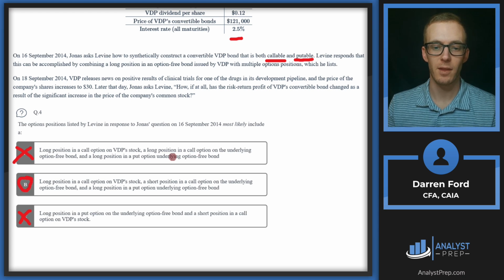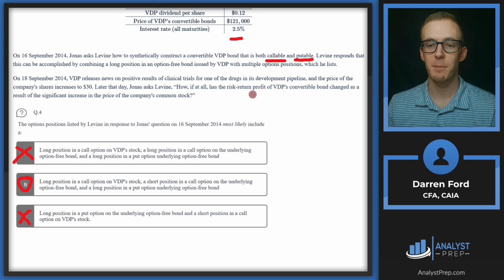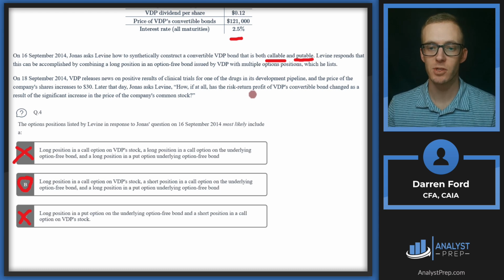So then let's look at puttable just to make sure this last part makes sense. Making the bond puttable is a benefit, not for the issuer, sorry, but for the buyer of the bond, the debt holder. If I buy a bond with a put option, essentially if the price decreases, I'm going to be able to put my bond back to the company, the issuer.